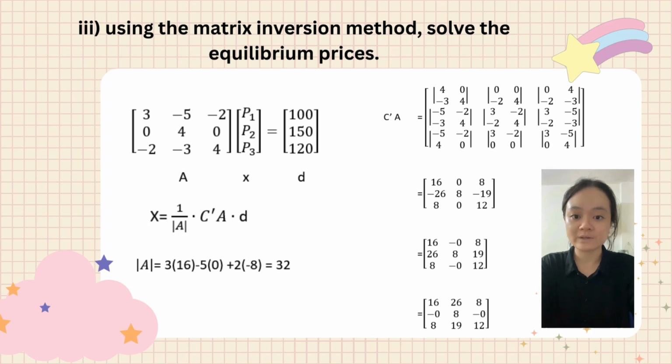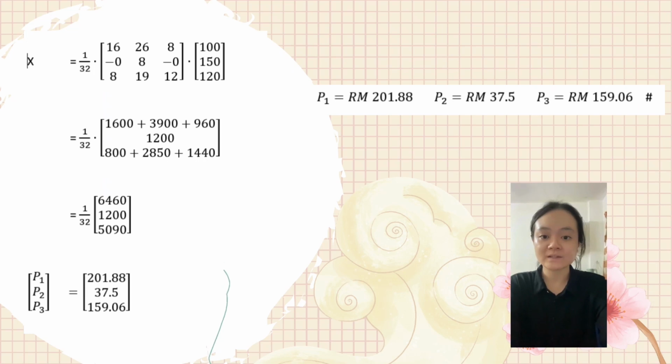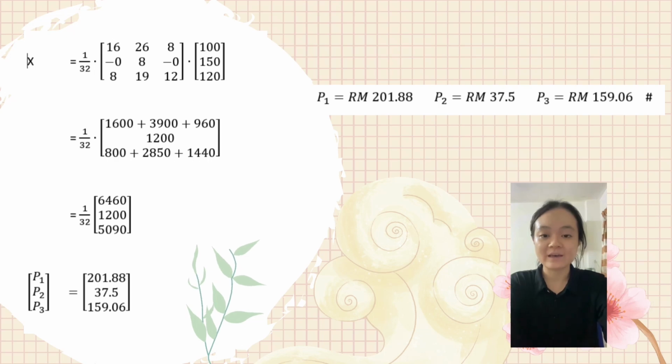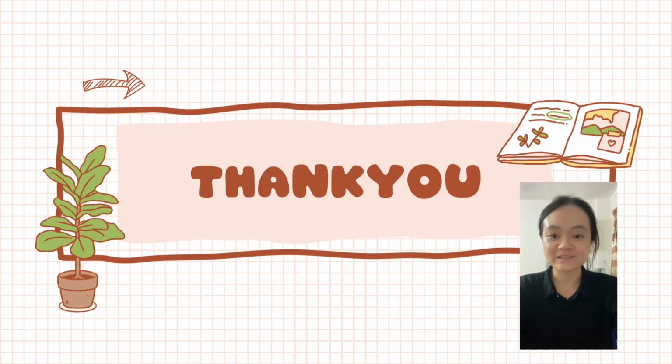From matrix form we get AX equals D. Find the determinant and cofactor, then substitute into the formula X equals 1 divided by the determinant of A, multiplied by the adjugate of A, multiplied by D. Finally, we get the price of good 1, 201.88, the price of good 2, 37.5, and the price of good 3, 159.06. Thank you for watching this video.